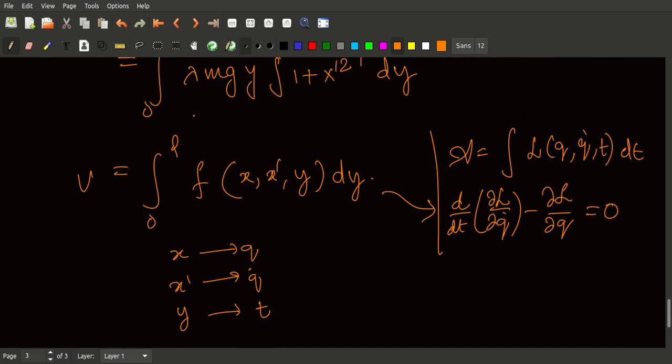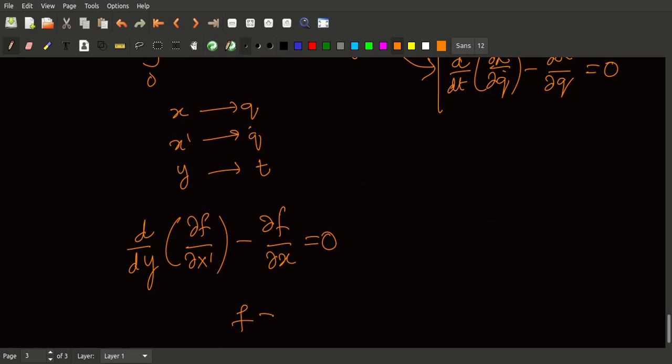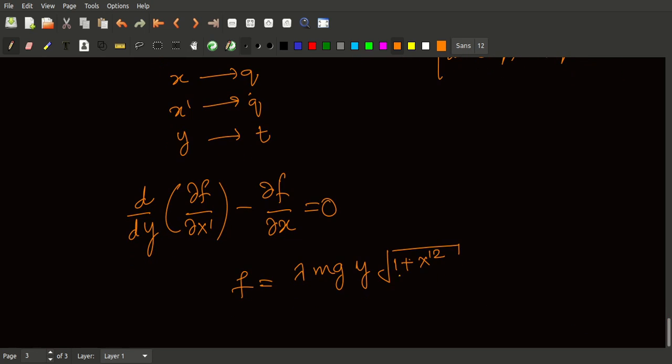Clearly, f is equal to lambda g y into the square root of 1 plus x dash squared. So this is your function. Clearly this is not a function of x, meaning there is no explicit x dependence here. So you have to find only this part.